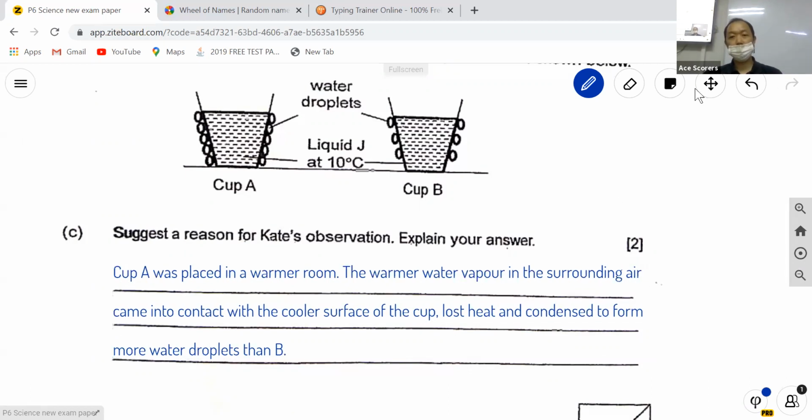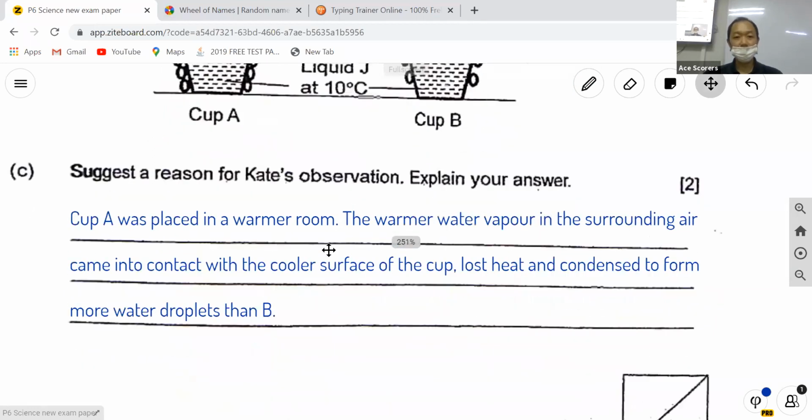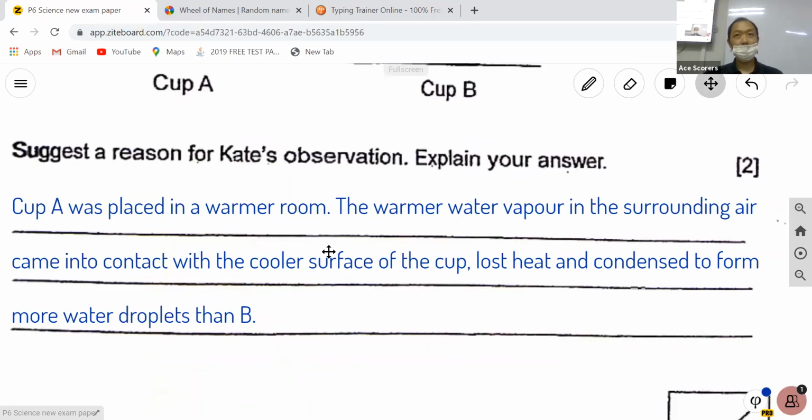So it was a warmer room. Now, if the temperature is almost similar, there's less condensation, then less water droplets. But now, because the room is warmer, so more condensation, more water droplets. Okay, that's the idea.